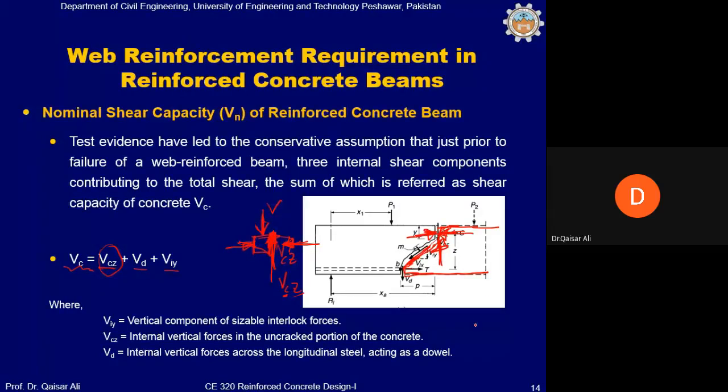You know that whenever a block is kept on a surface, and if it is compressed, the sliding resistance will increase. If you want to move this with the force V, the sliding resistance will increase when this force N, which is the compressive force, increases, and this sliding force will be equal to mu times N, where mu is the coefficient of friction between the 2 surfaces, and N is the compressive force.